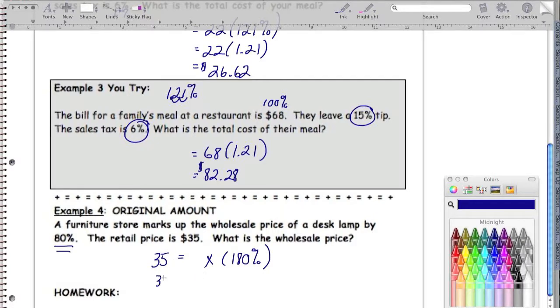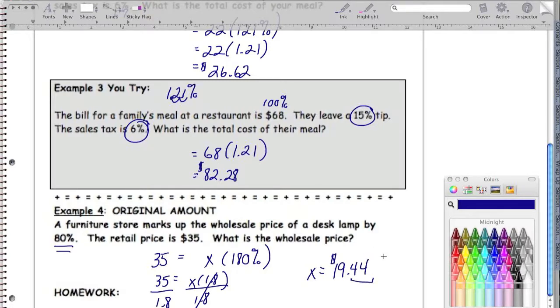So we can go ahead, 35 equals, we can write this as a decimal. This is 1.8. And now I just have a simple equation. I'm going to divide by 1.8, divide by 1.8. 35 divided by 1.8 is 19.4, repeating, those cancel, so we find that it was originally $19.44. Okay, again, rounded to 2 decimal places.